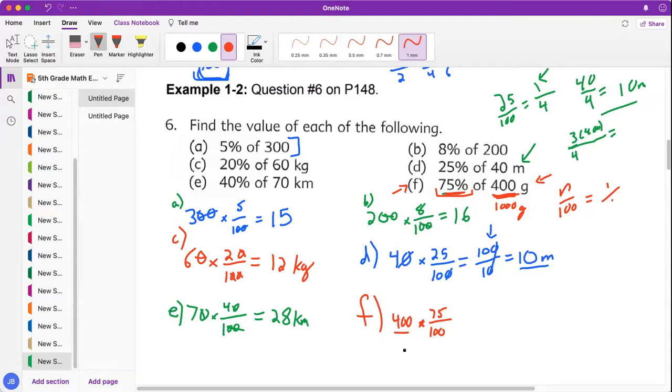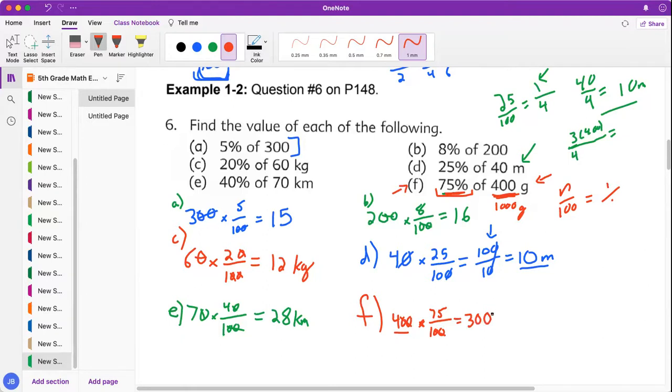And so from here, what can we do? Can you solve this one? Go ahead and try it, Hanjin, and we'll walk through it. So would you first cancel the 0? Then that's 75 times 4, which is 300.